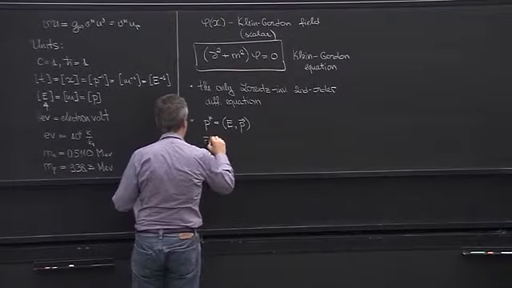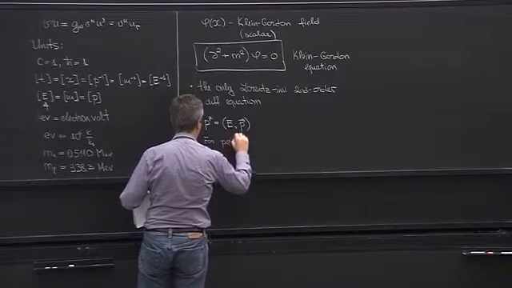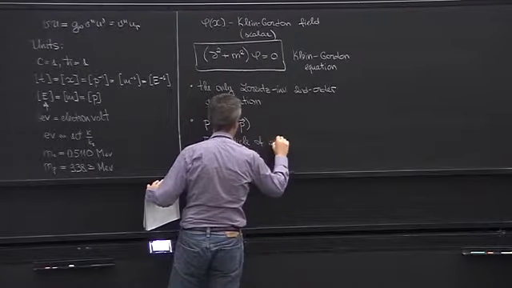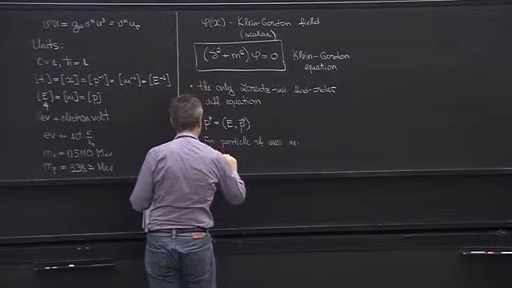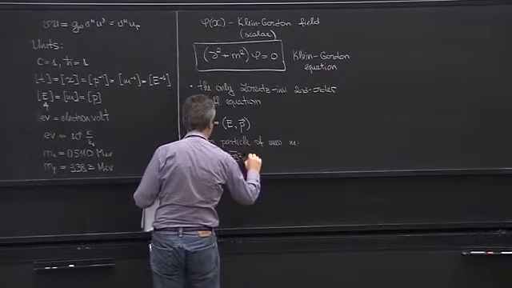For a relativistic particle of mass m, the energy should be equal to the square root of p squared plus m squared.